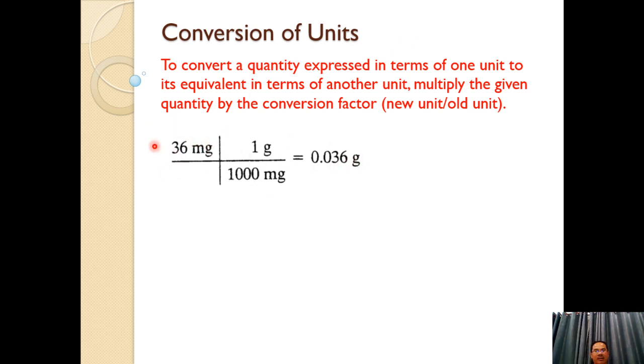The quantity is 36 milligram multiplied by 1 gram per 1000 milligram. The number is 36 multiplied by 1, you get 36, and divided by 1000, you get 0.036. How about the unit? Milligram divided by milligram cancels, and you get gram. This is 0.036 gram.